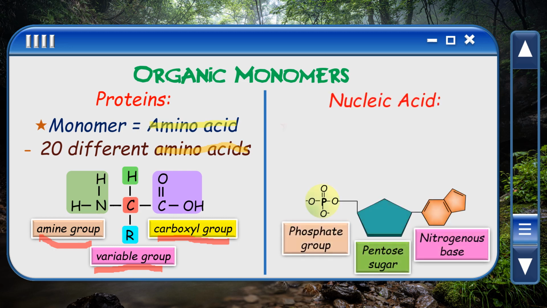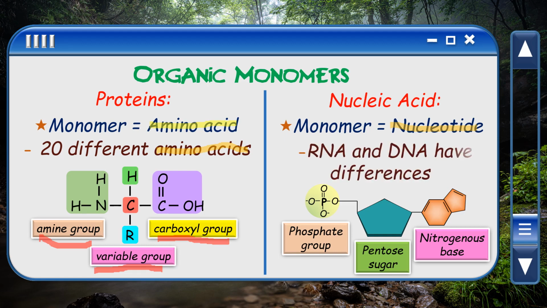Then we have the nucleic acid. The monomers of the nucleic acid are the nucleotides. Those are the monomers that form the nucleic acid. And these ones will form the RNA and then also the DNA.